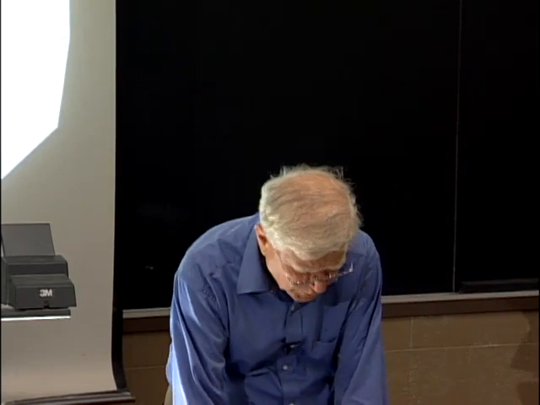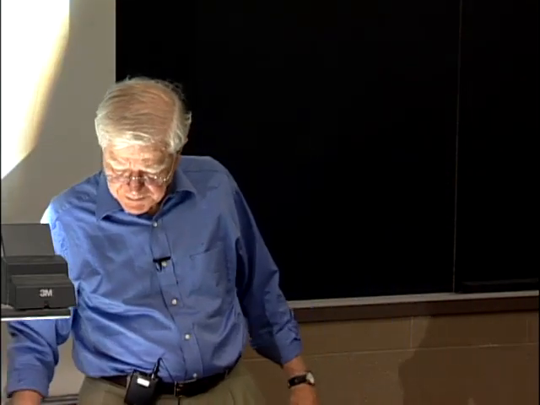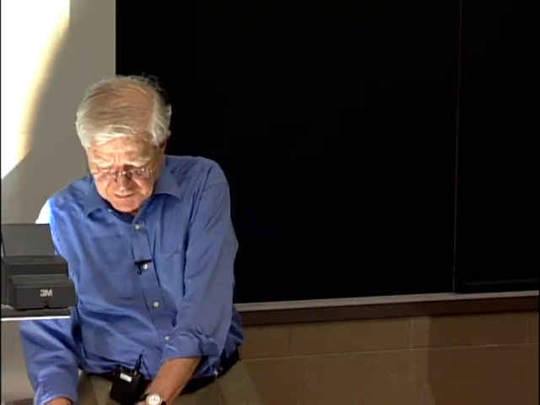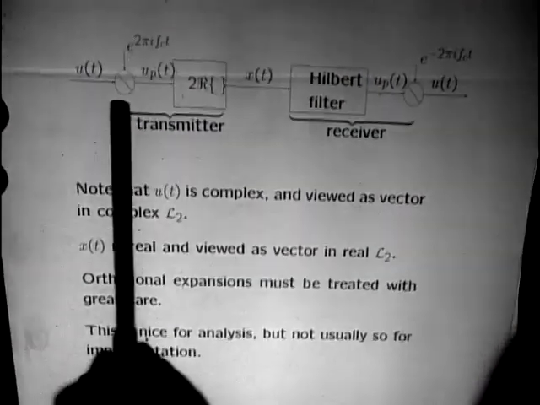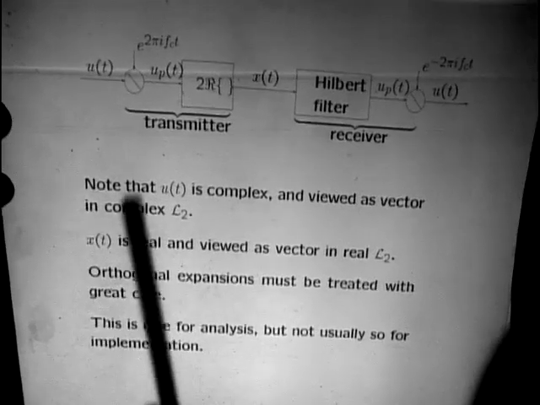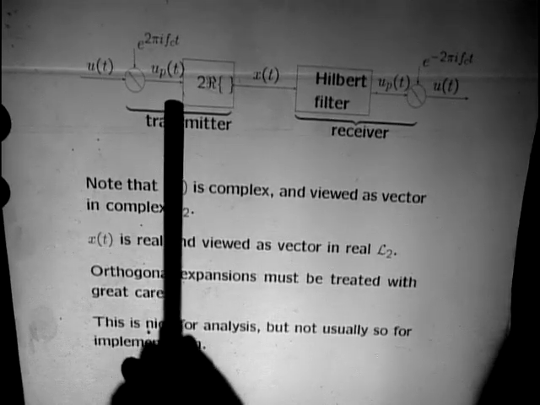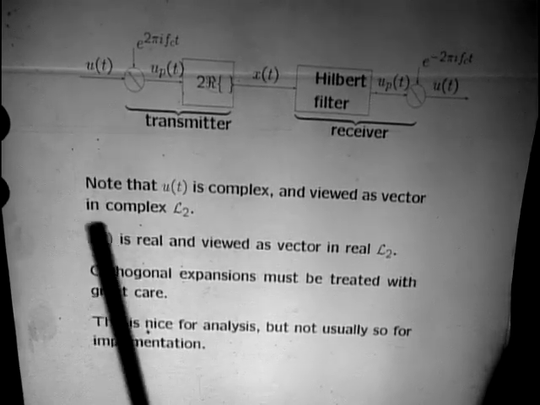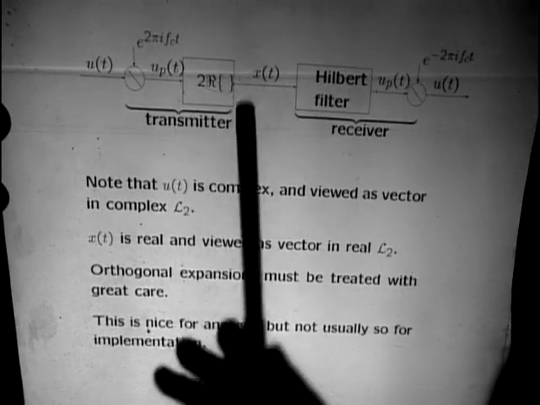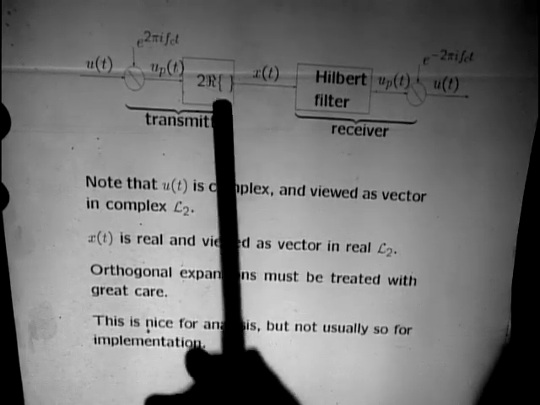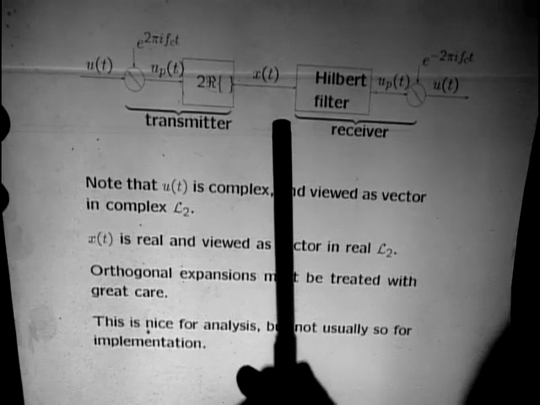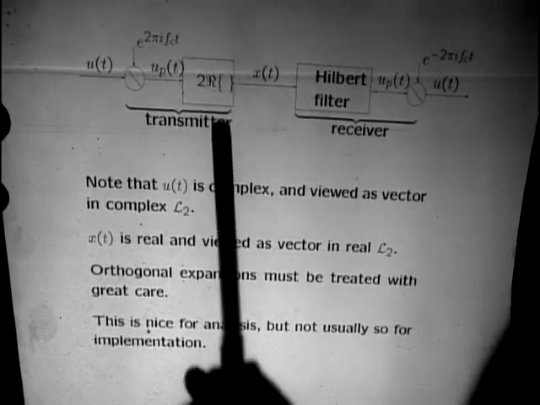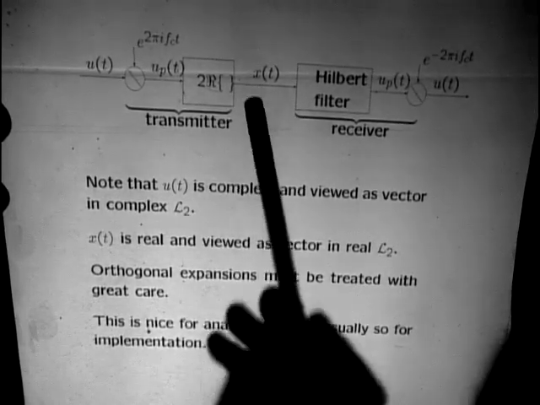Okay, so the transmitter then becomes this thing. You start out with a complex waveform at baseband. You shift it up in frequency. This gives you this high frequency waveform, u sub p of t. You then take 2 times the real part of that to find the real waveform. We won't worry about how to implement this, you just do it.